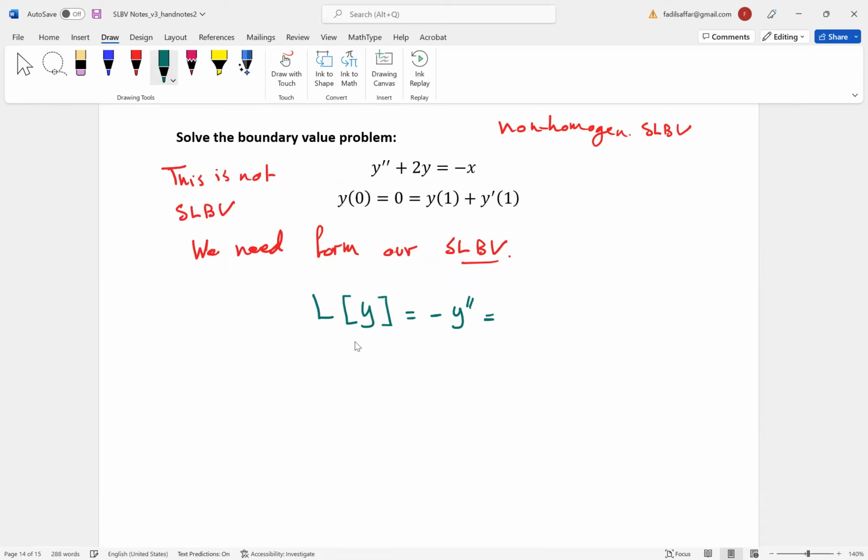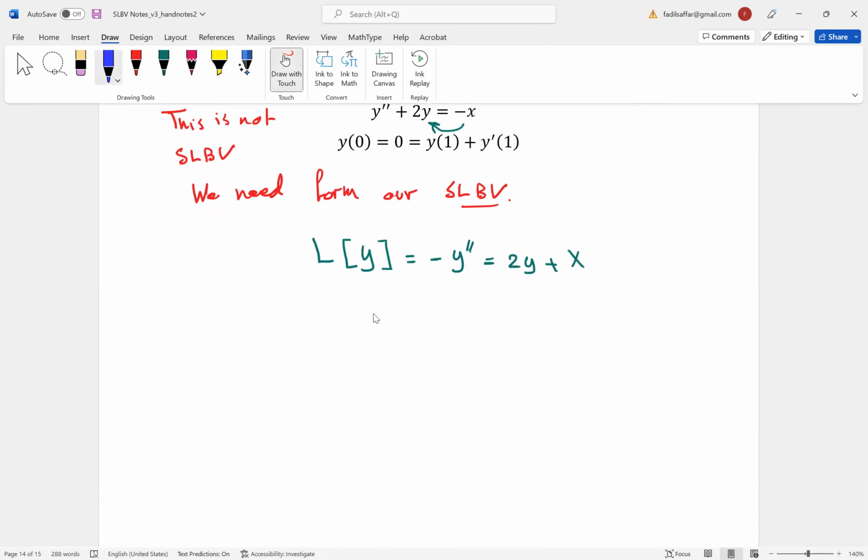That operator in itself, we want to find what this equals to, and if we look at the differential equation for this part, we need to move this one here and this one here, and in that case, that would be just equal to 2y plus x.